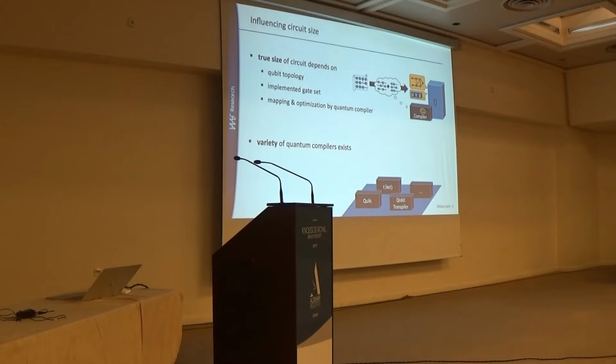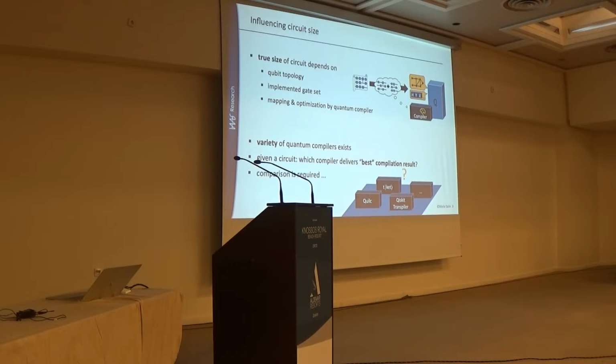And just using the one quantum compiler is not that easy, because already today a variety of compilers exist. And you have to keep in mind, for my specific circuit, which compiler is now the best and which compiler delivers me the most optimized compilation result.